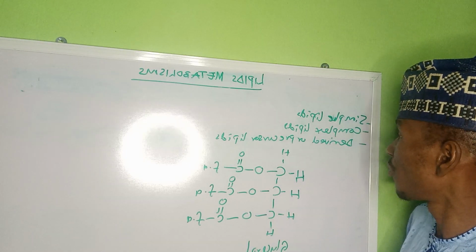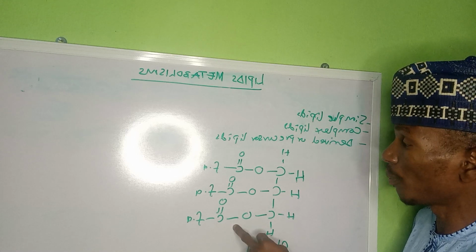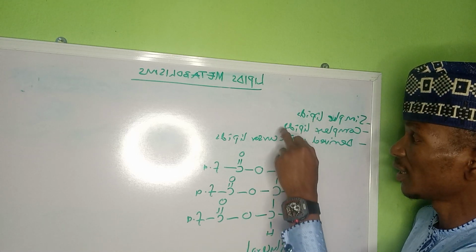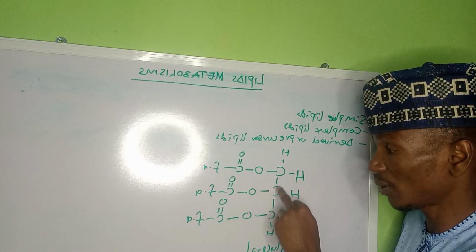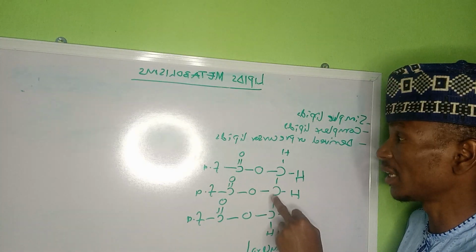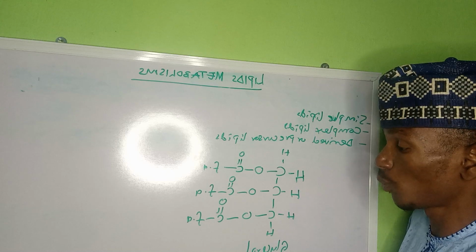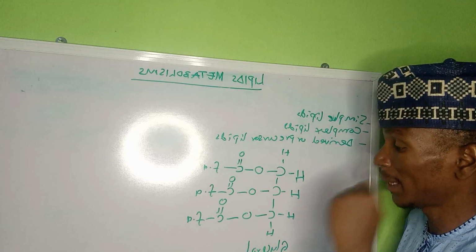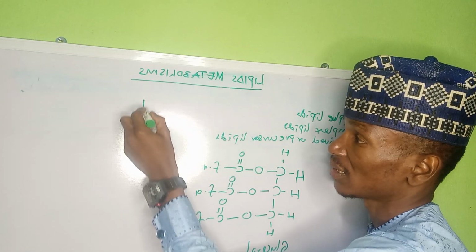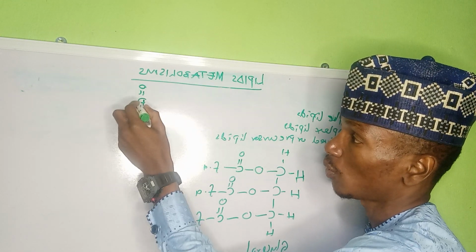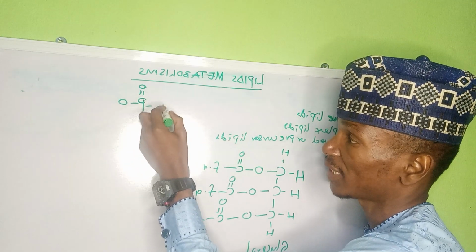Now, for the complex lipid, apart from the esterification between the fatty acid and the glycerol, in addition, it has a phosphoric group attached to one of the fatty acid groups. This is the phosphoryl group, or the phosphoric group, attached to it.